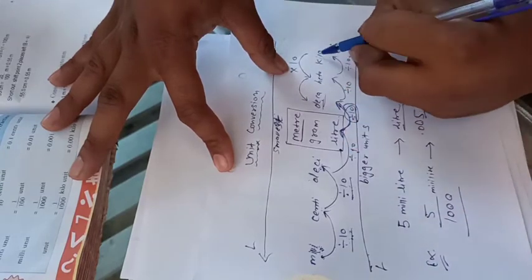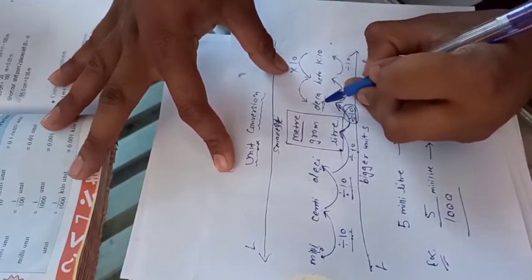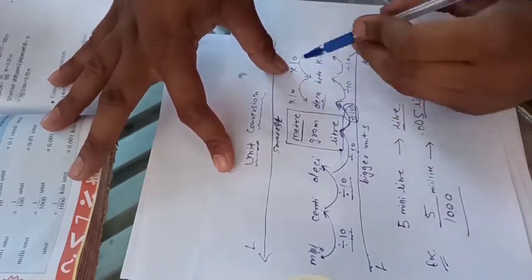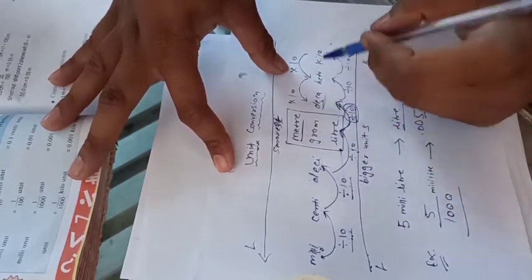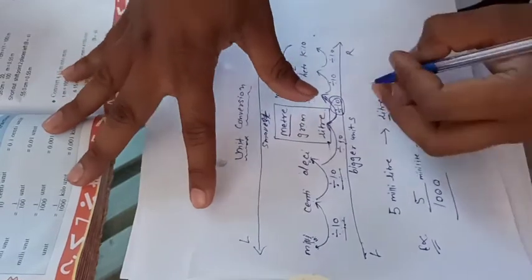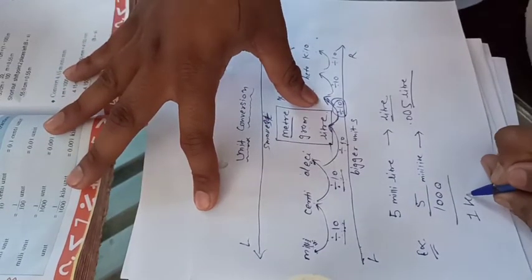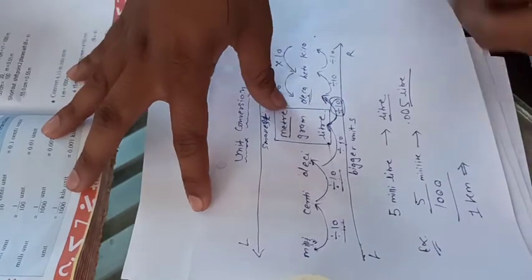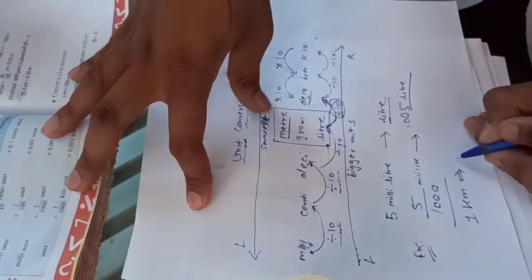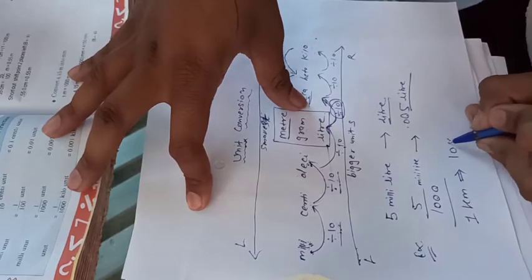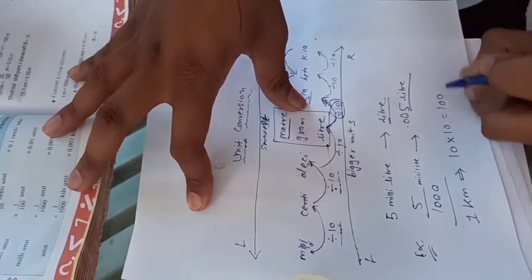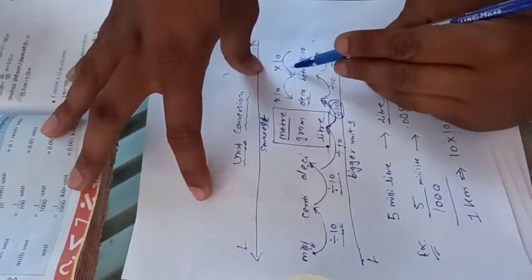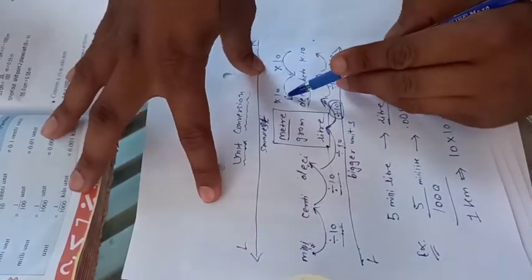Suppose we have to convert kilometer into decameter, we will multiply for 2 steps, that is 10 and 10. So 1 kilometer is equal to how many decameters? The answer is 10 multiplied by 10, that is 100 decameters. Why 100? Because we multiply by 10 two times.